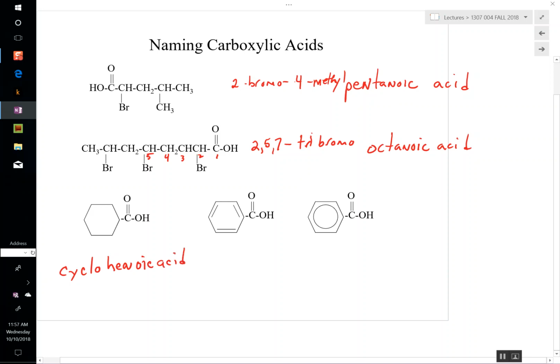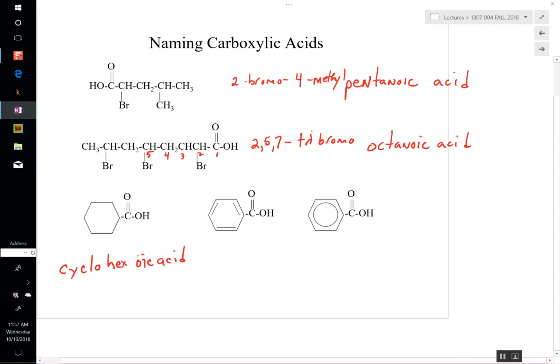Okay, just drop the E. So cyclohexane, look at what it would be if it were an alkane or didn't have that carboxyl group on it, and then change it. Cyclohexanoic acid.